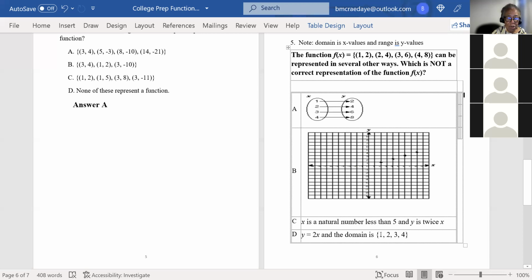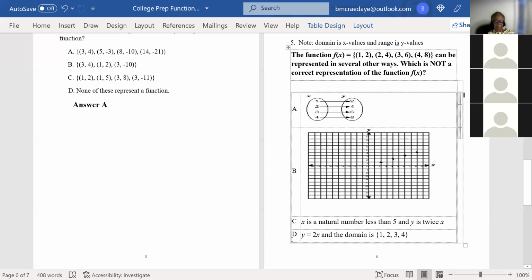All right, Latoya, what about D? Is Y equal to X? And the domain is the X values 1, 2, 3, 4. Is that a good representation? Audrey, D, is that correct?